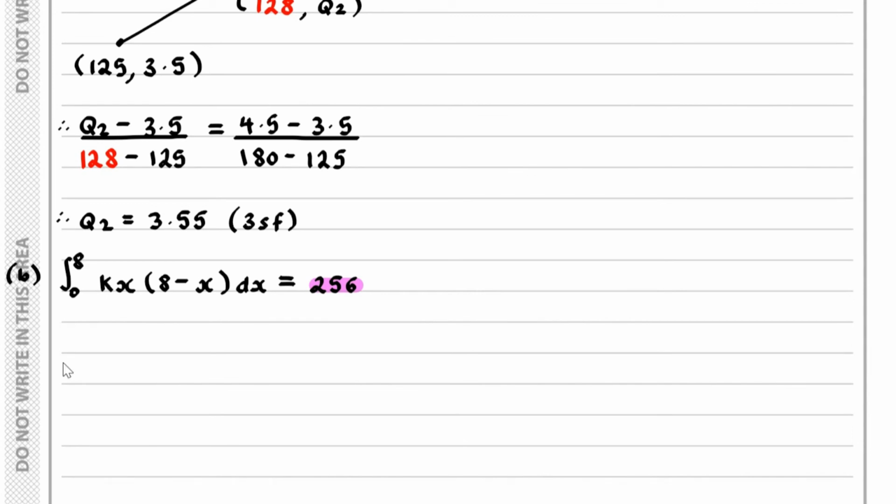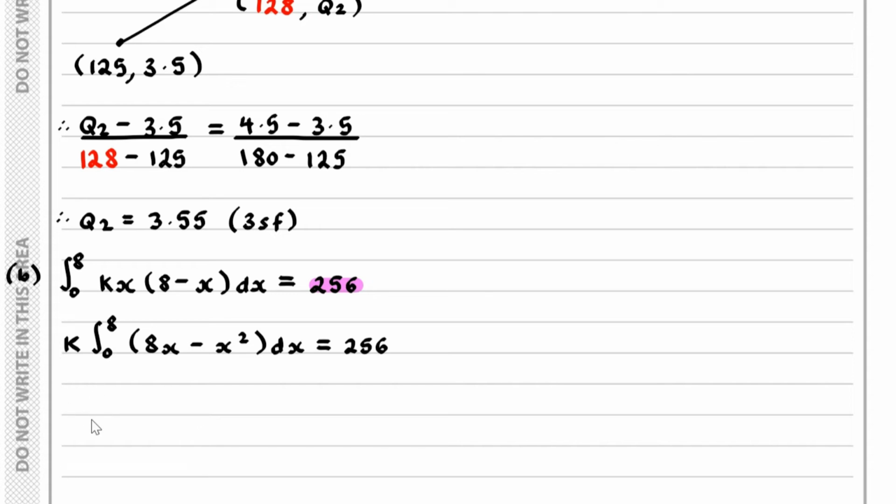Now if I take k outside of this integral because it's a constant, we've got k multiplied by the integral from 0 to 8, and if I multiply out x by (8 subtract x), we end up with 8x subtract x squared dx, and this is equal to 256.